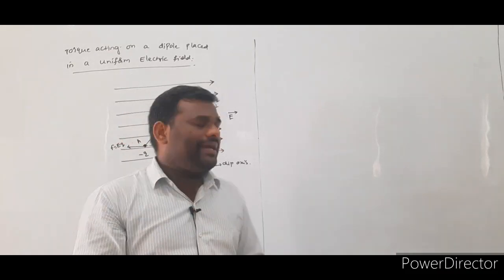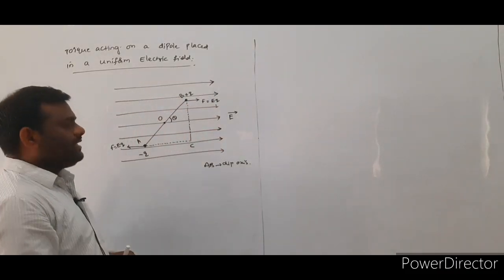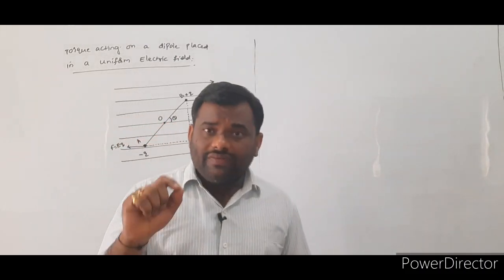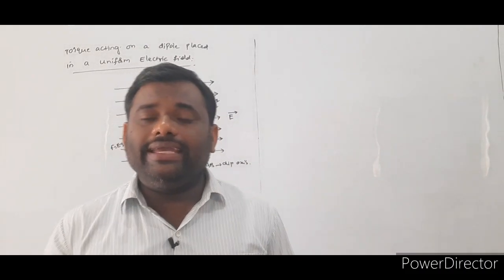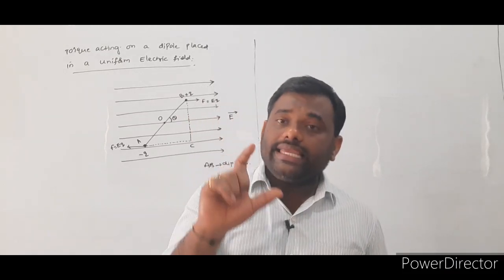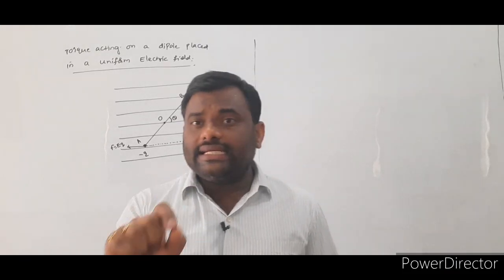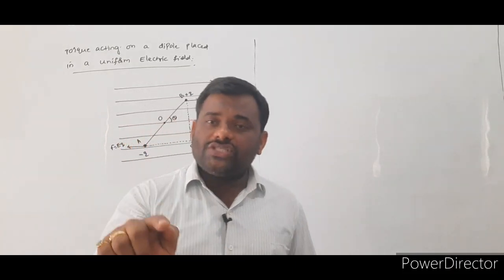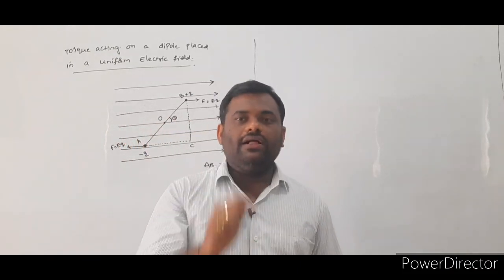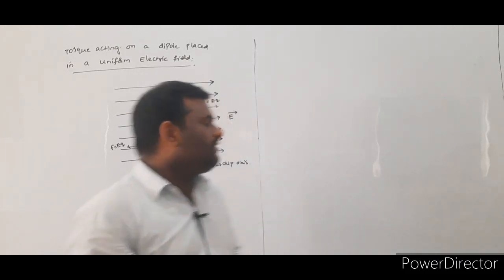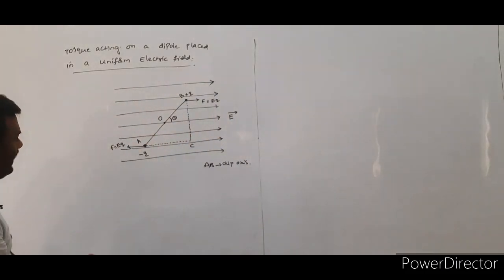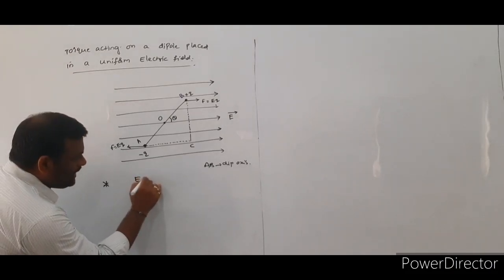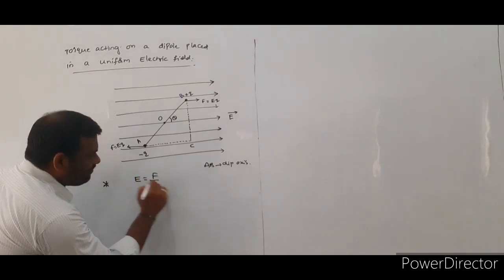Now what will happen whenever the dipole is placed in the uniform electric field? We know the basic fact: whenever a charged particle enters the electric field, the electric field exerts some electrostatic force on the charged particle.